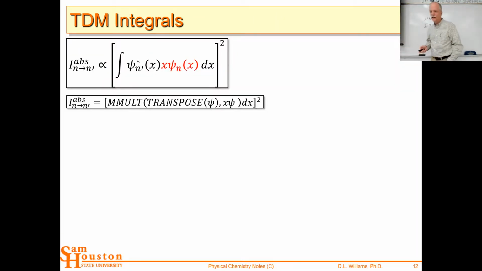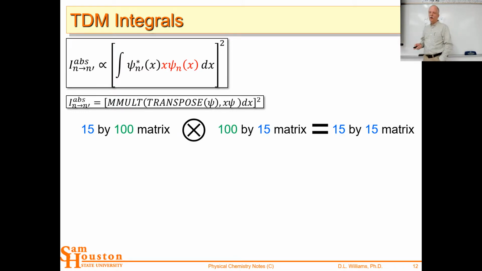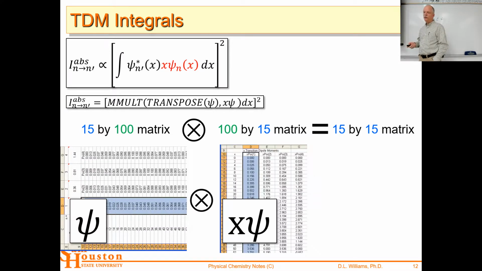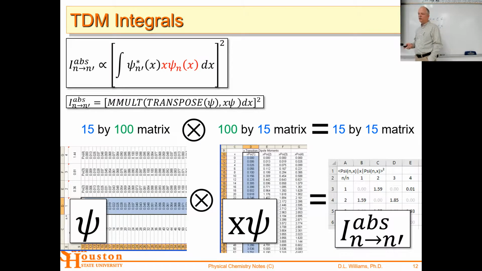And so these transition dipole moment integrals can be done in one step with this matrix multiplication. You have the transpose of the wave functions times the x psi, or the light perturbed wave functions, and that matrix multiplication will give you an integral over all space, and then times dx. So you have a 15 by 100 matrix times a 100 by 15 matrix, and the outer elements, the 15 rows and 15 columns, make a square 15 by 15 result matrix.